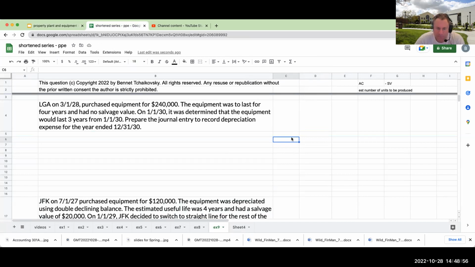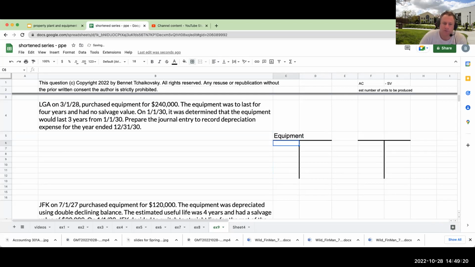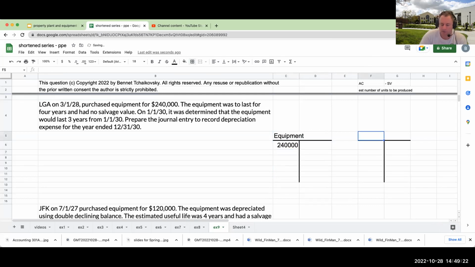Okay. So what we need to do is figure out how much depreciation we have taken to date. So my equipment, 240,000.